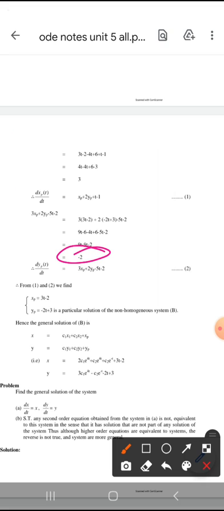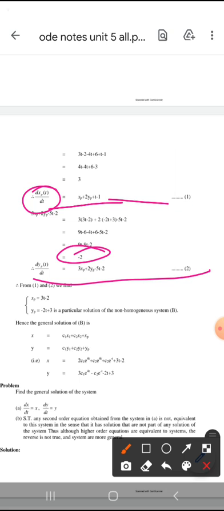Now dyp(t)/dt = 3xp + 2yp - 5t - 2. This is equation 2. And dxp(t)/dt = xp + 2yp + t - 1 is equation number 1.